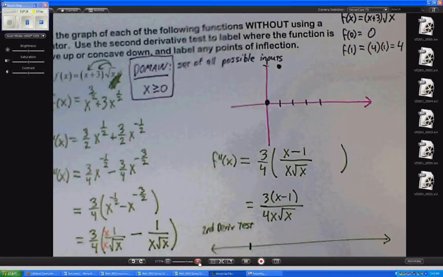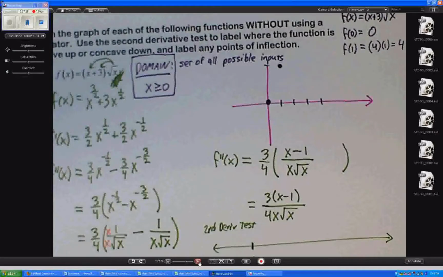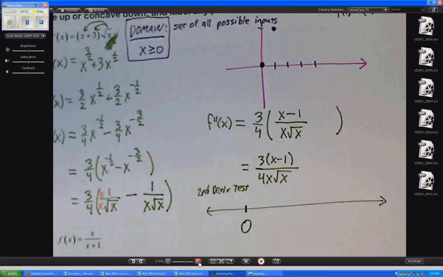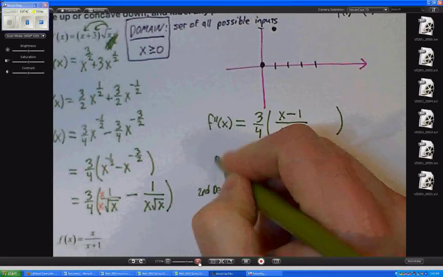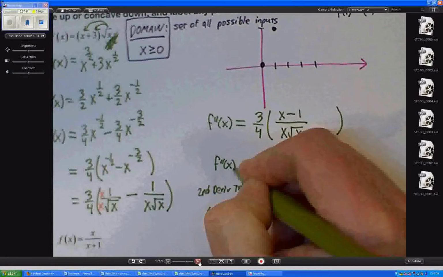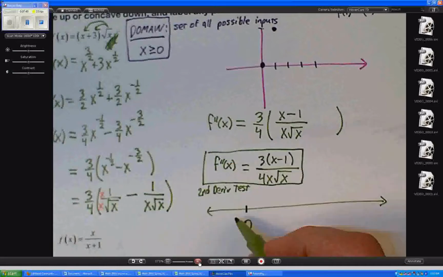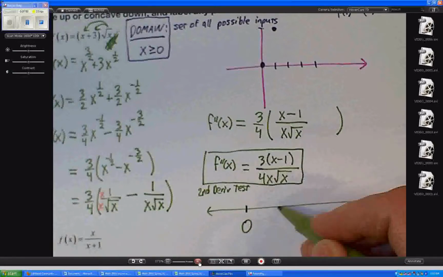But before I just do that, let's complete the second derivative test. What's the important point besides 0 that I'd want to put on my number line? Yes. Because the second derivative equals 0 when x equals 1.